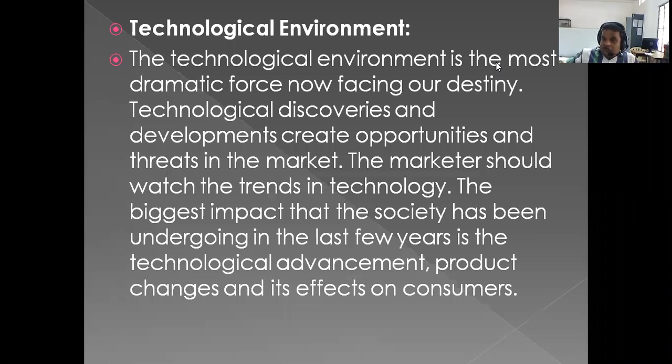Technology has increased so much that robots are doing everything. Robots are replacing humans everywhere. Like the majority of you know, even the deliveries of products can be done by drones. Drones are coming into the picture.